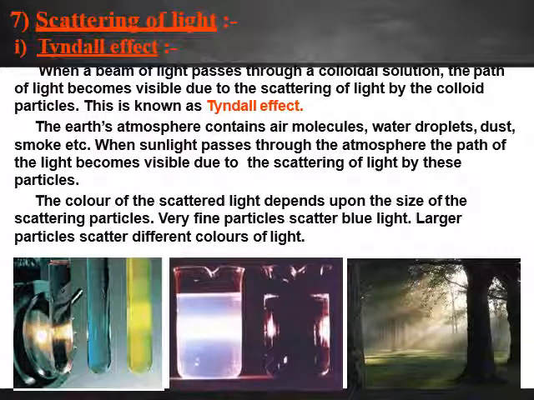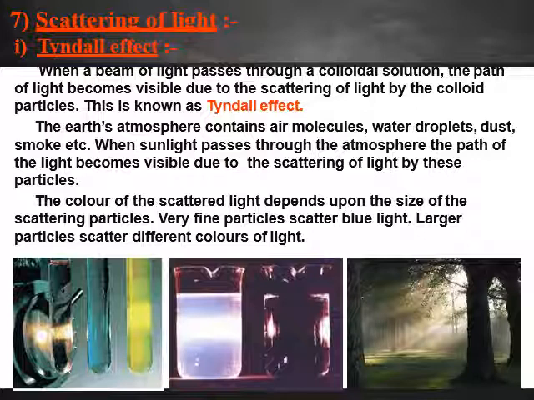Another phenomenon of light is scattering of light. Tyndall effect. When a beam of light passes through a colloidal solution, the path of light becomes visible due to the scattering of light by the colloidal particles, and this effect is known as the Tyndall effect.